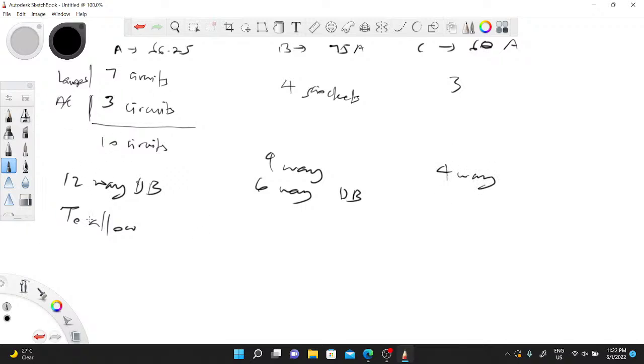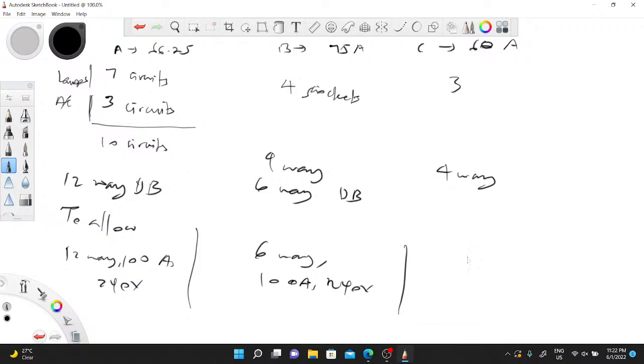So I can use a 12-way 100 amps 240 volts DB as DBA, a 6-way 100 amps 240 volts DB for DBB, and a 4-way 100 amps 240 volts DB for DBC. You see, these are design choices.